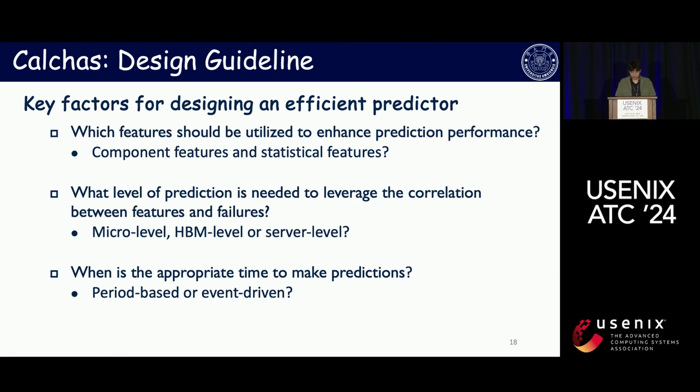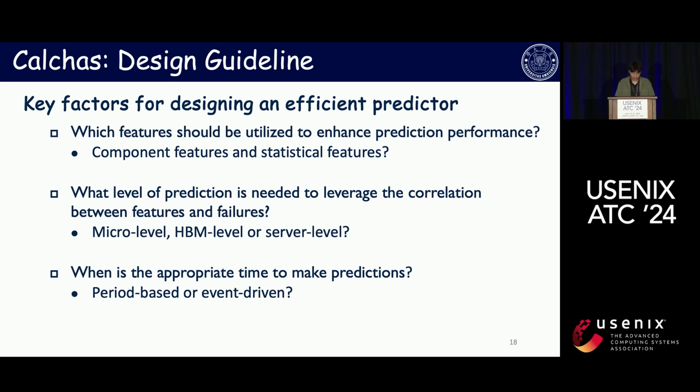To customize an HBM-specific predictor, three key questions remain unsolved. First, identifying effective feature combinations is crucial for determining the predictor's effectiveness. Therefore, the initial step is to determine which features should be utilized to enhance prediction performance.